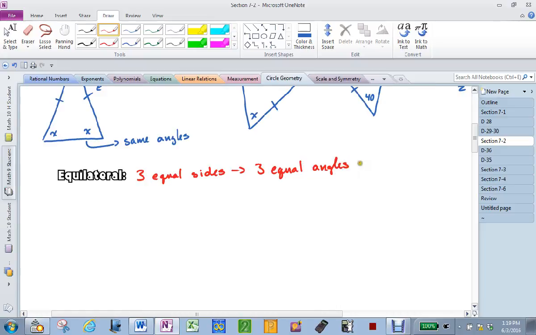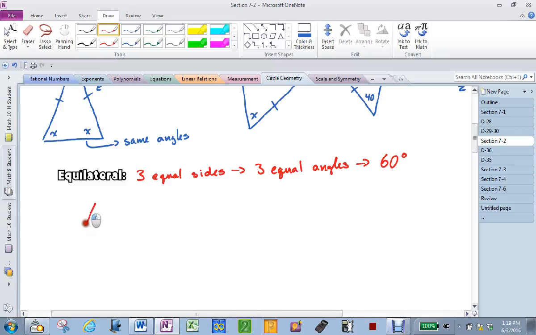And the only way they can be equal angles is if they are what value? What is the only value they can be? 60. Because there's three angles and 180 only divides by 3 in one way, to 60.